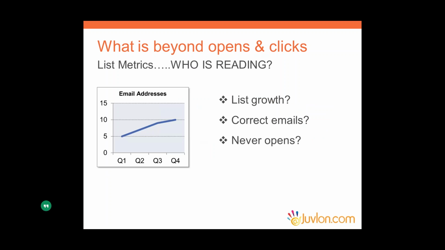When we ask these questions and track these reports, it's interesting to see how engaged our audience really is and what quality of audience we really have. It's not only the quality of the emails we send, but the quality of the audience too. Are they a good match for what we have to offer? Are they interested in your products and services? So it's really important to know these list metrics also.